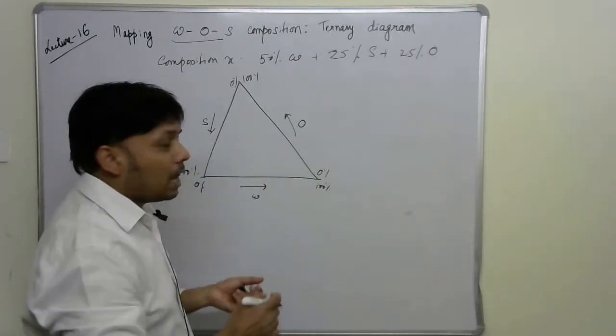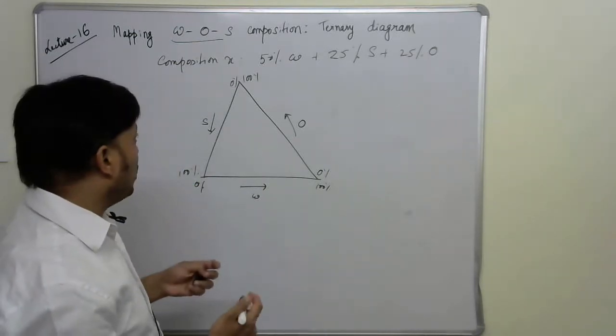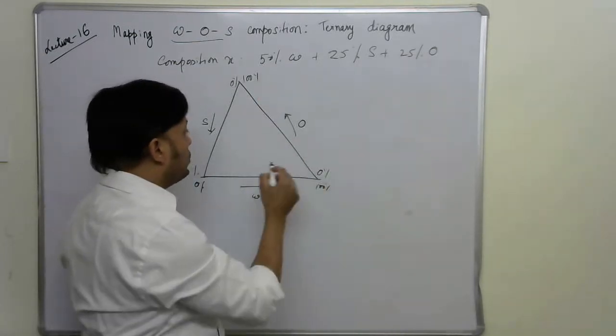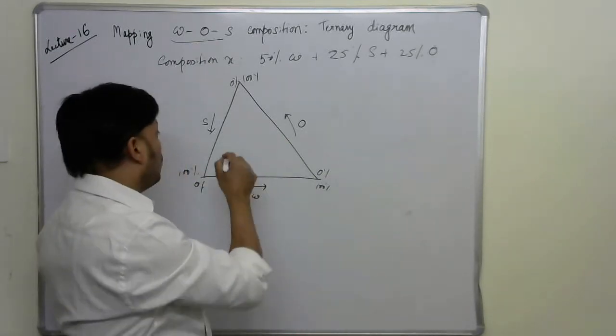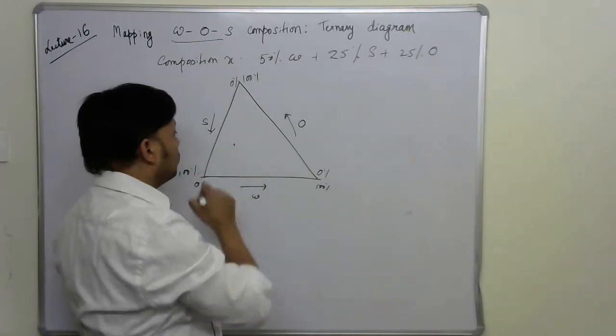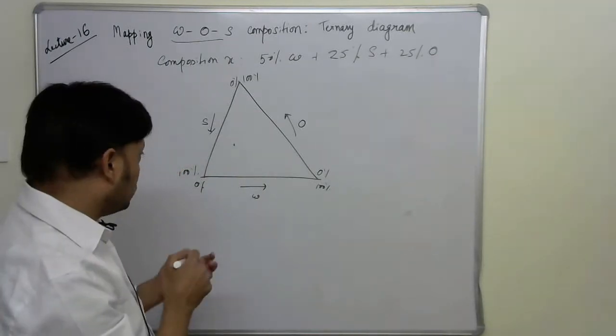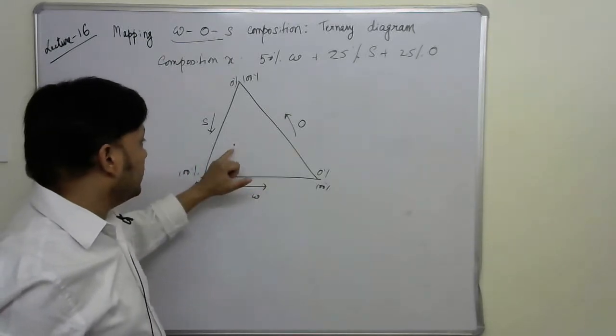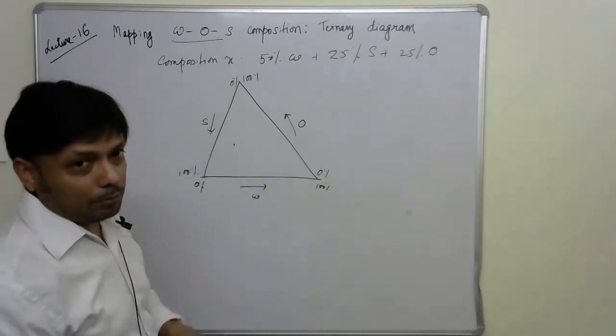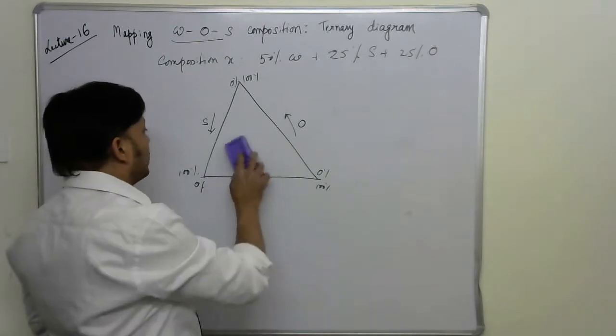Now the question is how to read it. Two ways we can do it. We can start with a known composition and try to get the point here, or we can just pick a random point over here and try to find out what percentages of surfactant, water, and oil this point represents. Okay, so we'll come to that later, maybe.